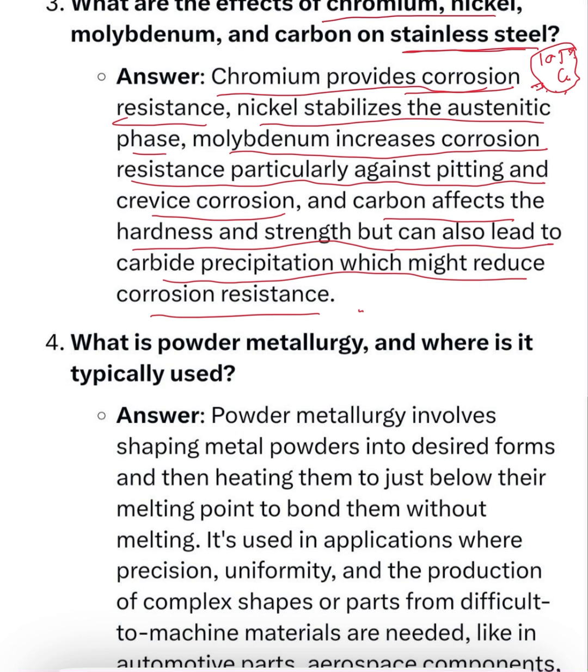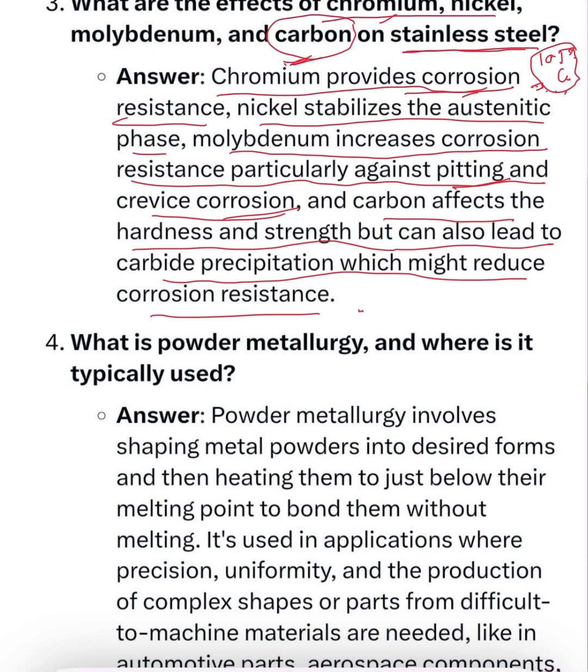So chromium is for corrosion resistance, nickel is for stabilizing the austenite phase, molybdenum increases corrosion resistance against pitting and crevice corrosion, while carbon affects the hardness and strength. And we need to take care about carbon. If you have more carbon, it leads to carbide precipitation, and it also increases the hardness and decreases the ductility. So that's where the carbon percentage is important.